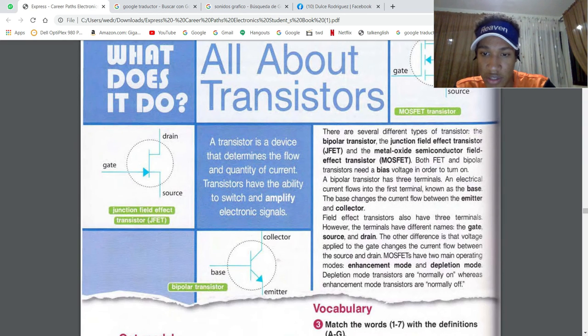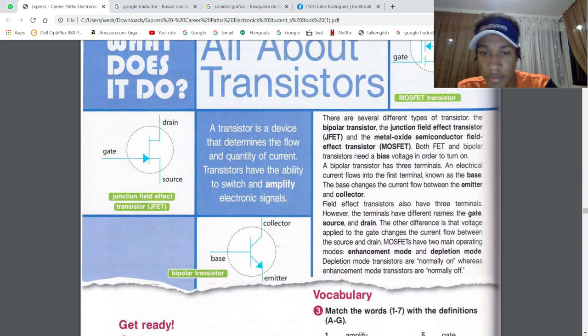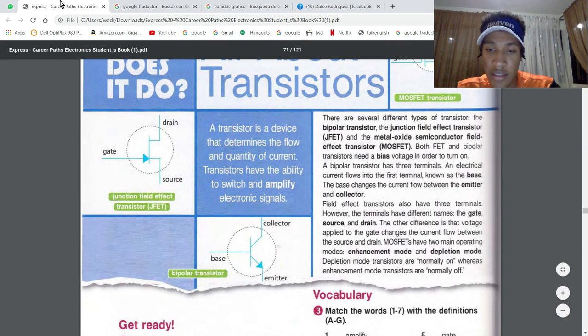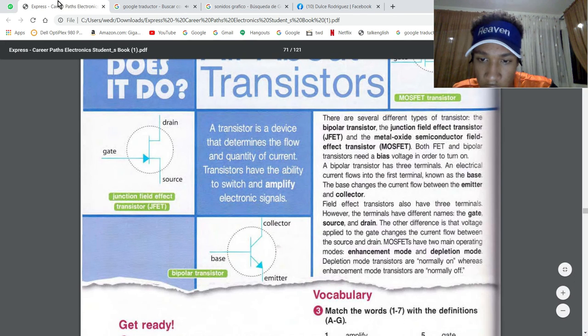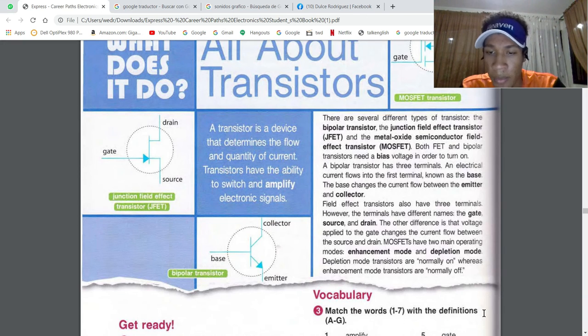Field effect transistors also have three terminals. However, the terminals have different names: the gate, source, and drain. The other difference is that voltage applied to the gate changes the current flow between the source and drain. MOSFETs have two main operating modes: enhancement mode and depletion mode.